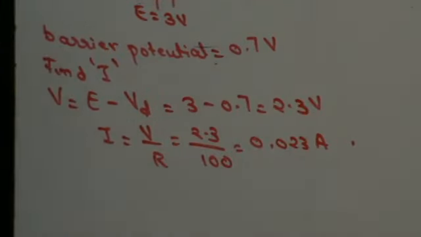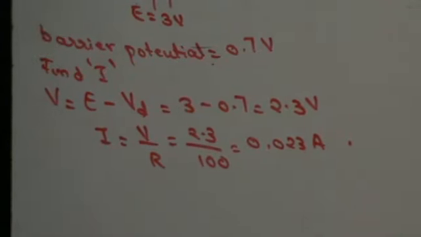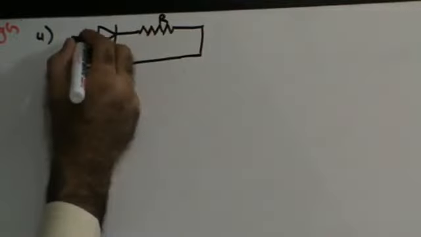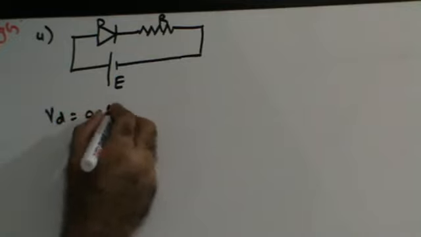Let's see another sum. Now they've given you that the diode has a constant voltage drop. Voltage drop across the diode is 0.5 volts.